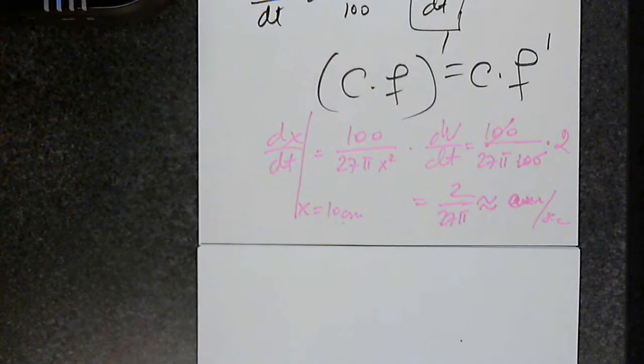Say it again. 2 over 27 pi is equal to 8 over 9 pi. So what was the height? You said 10, but it says 5 here. When I asked you, you said 10, but it says 5 centimeters deep.